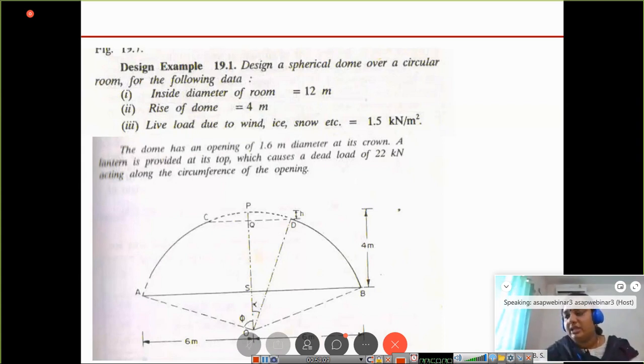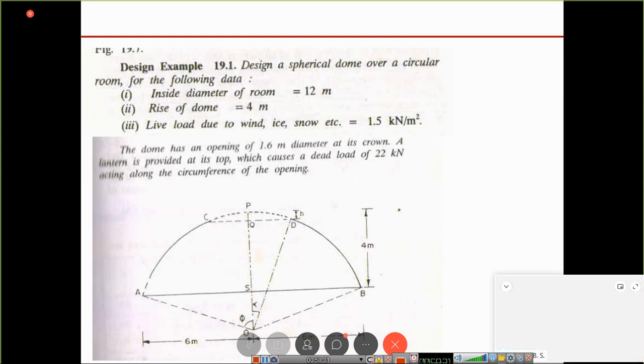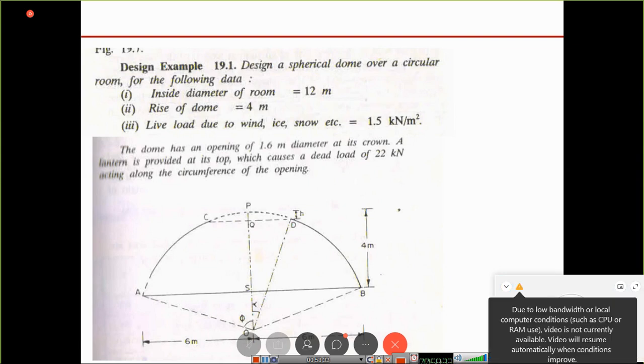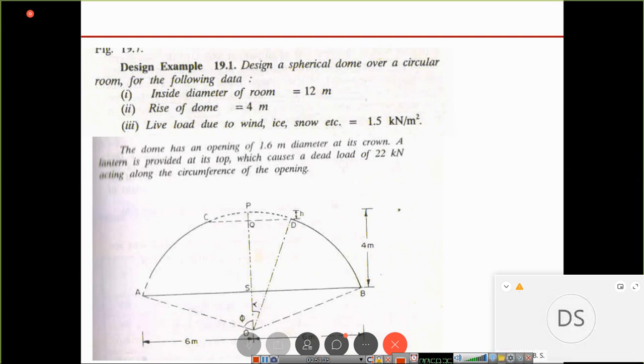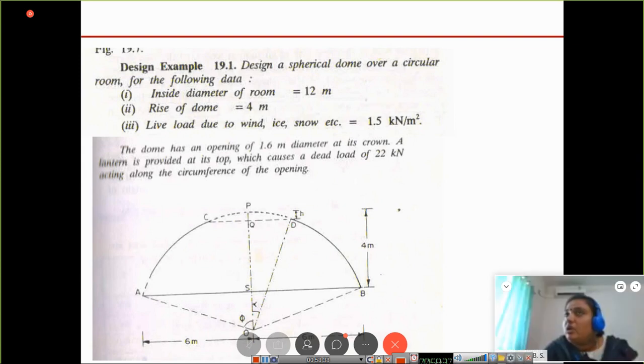Whereas a spherical dome can be the top portion also. It's not necessary that it should come to the middle or even to the bottom. All these are spherical domes itself.